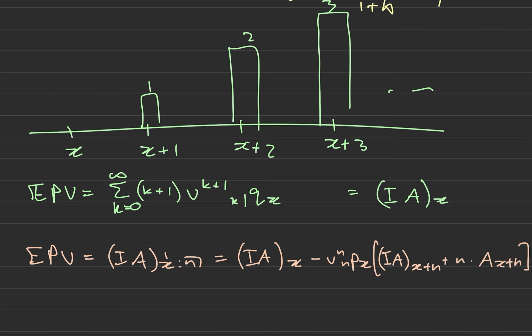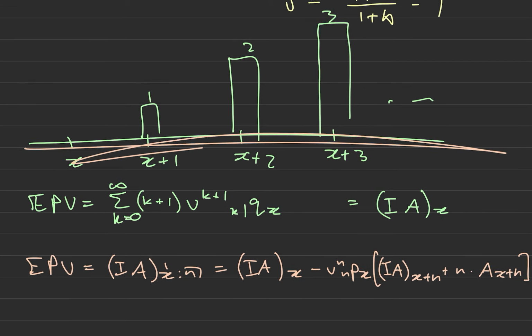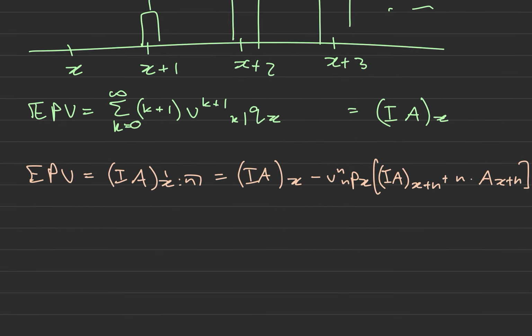Now, what I'm essentially doing is I'm taking a whole life assurance, so one of these things that covers them for the entire of their life, and then I'm subtracting another whole life assurance, but from time point n, from age x plus n. So this is the whole life assurance at age x plus n.